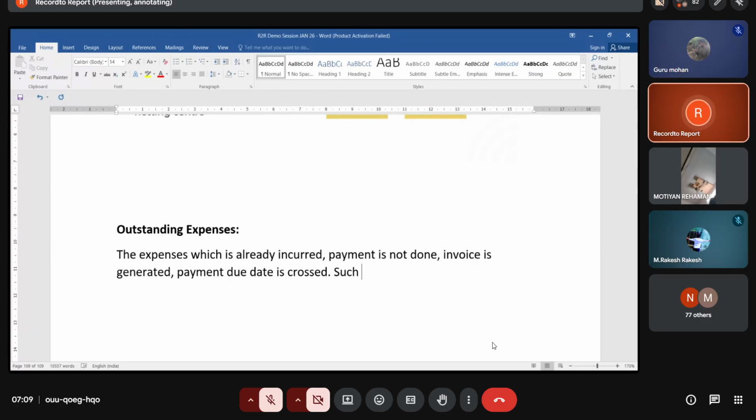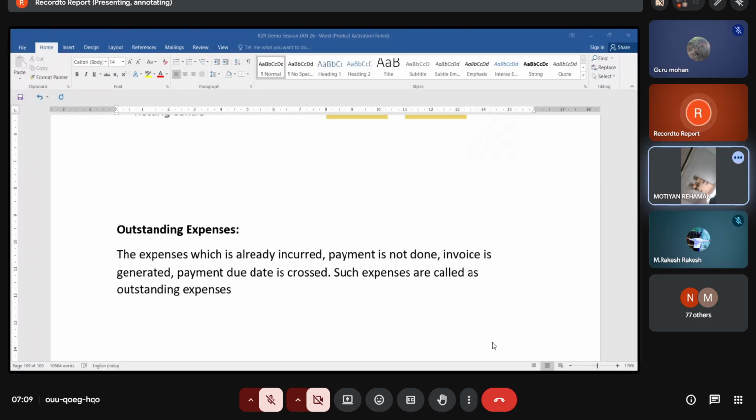So such expenses are called outstanding expenses, guys.